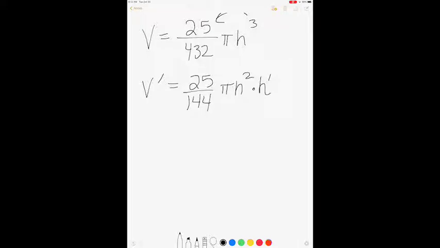Alrighty. And then I was given V prime. I was told that the water flowing into the tank is at a rate of 14 cubic feet per minute. 14 cubic feet per minute is the rate of change of the volume.